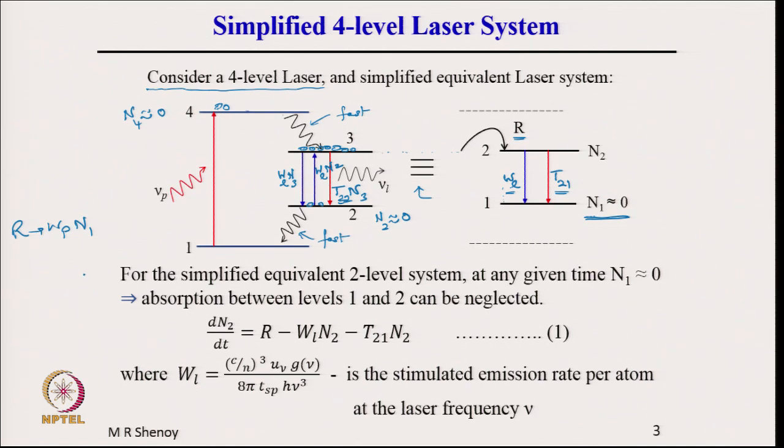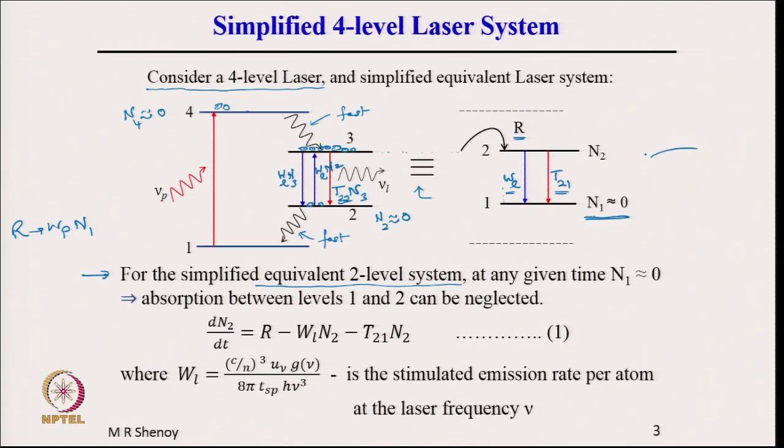Therefore, we are calling this an equivalent 2 level system. At any given time, N1 is nearly equal to 0, which implies absorption between levels 1 and 2 can be neglected. That is what I have been mentioning, that this absorption is neglected.